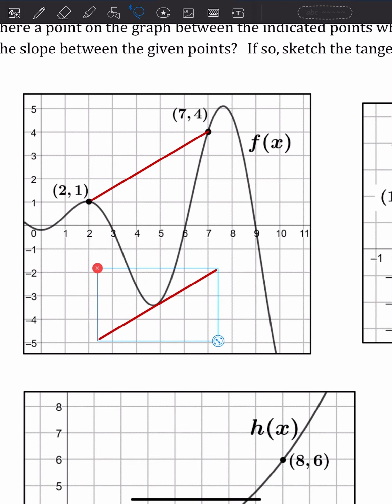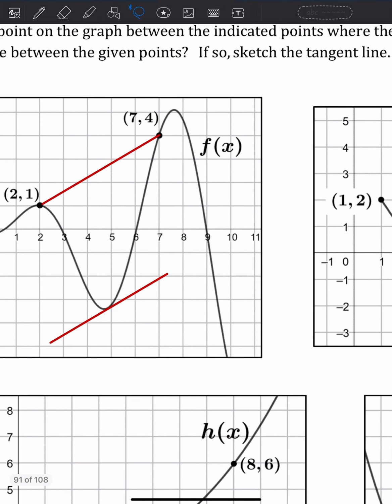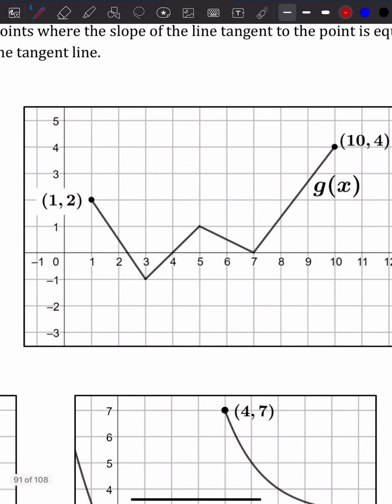We get the exact same one. So there is a slope of a tangent line that equals the average rate of change. We're going to do that for this one too.